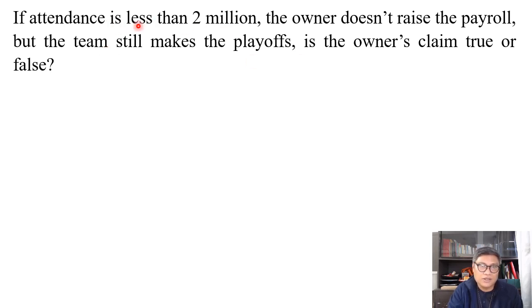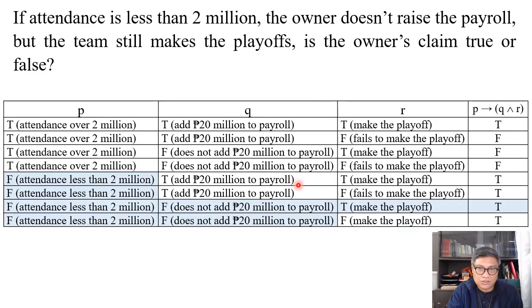You look for the statement: less than 2 million, owner does not raise the payroll, and makes the playoffs. So among the eight statements here, starting first with less than 2 million, we have four possibilities. Then for the second statement, does not raise the payroll, it means does not add 20 million. So these are the two possibilities.